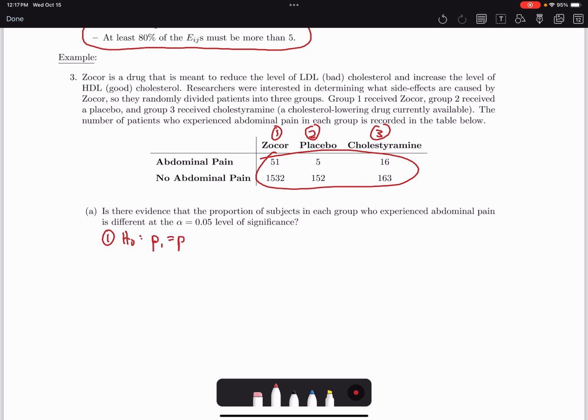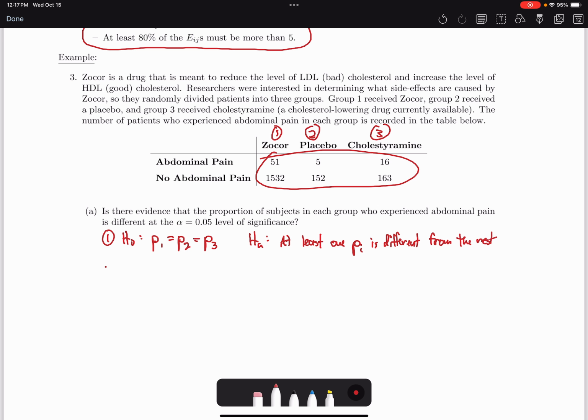The proportion of ab pain is the same in all three groups. Okay, the alternative hypothesis is that at least one proportion is different from the others, or from the rest, or whatever you want to say.